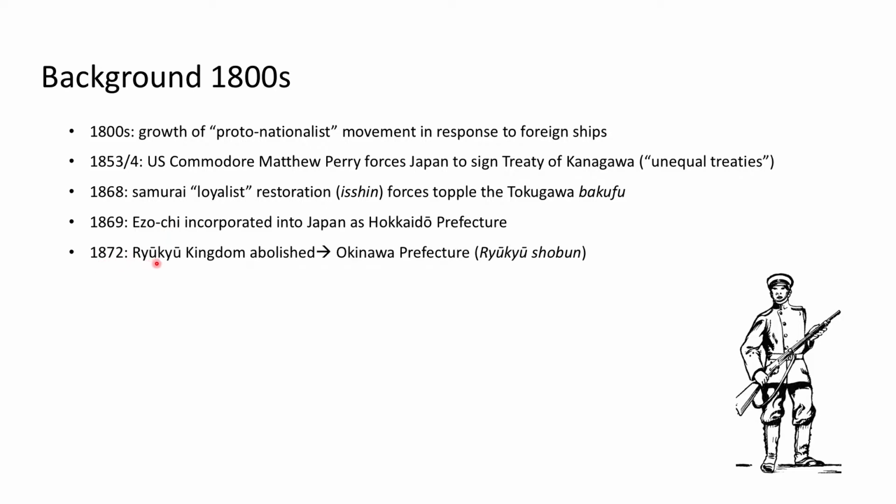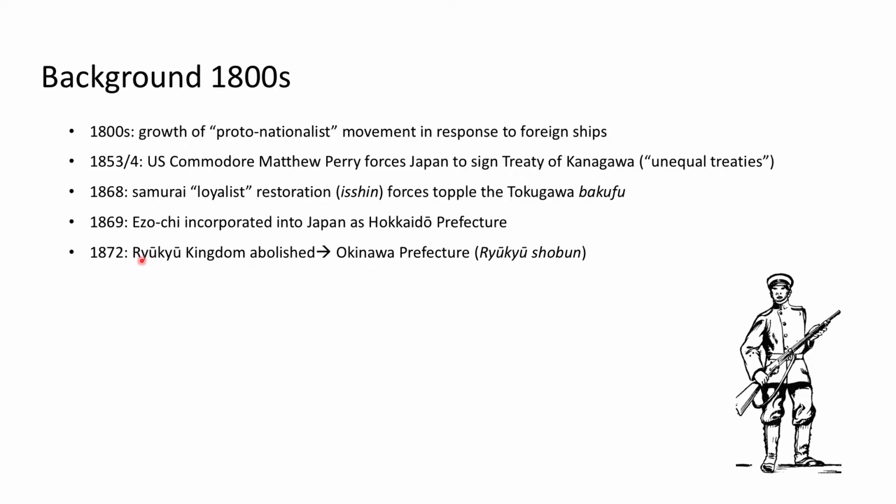Similarly, in 1872, the Meiji government abolished the Ryukyu kingdom. This also was an independent kingdom that had hundreds of years of history and diplomatic relationships with various foreign states around Asia, China and Japan included.